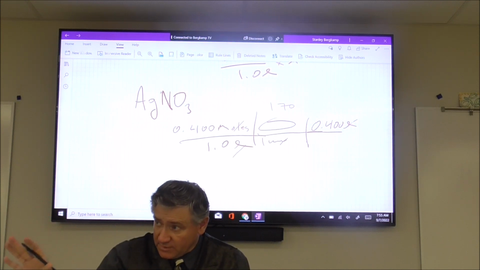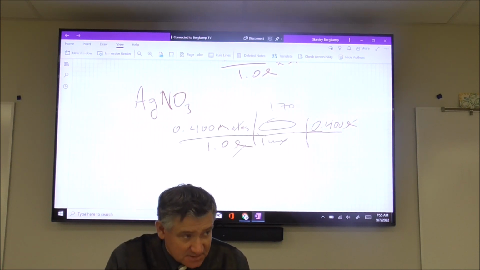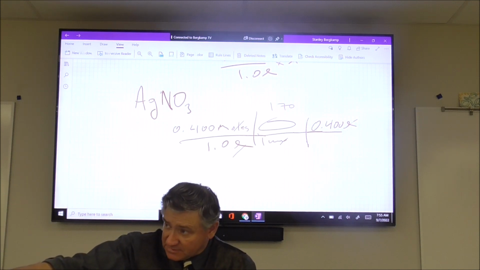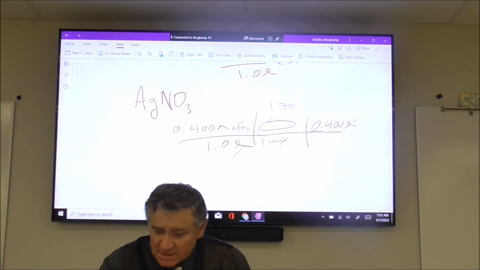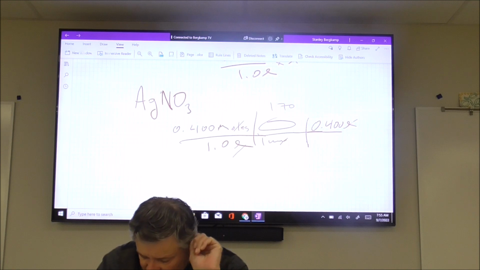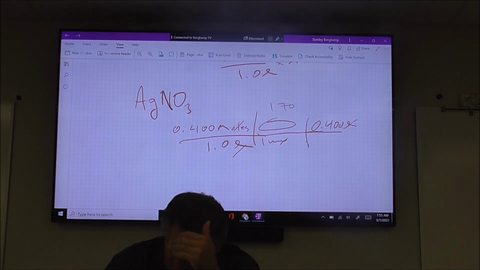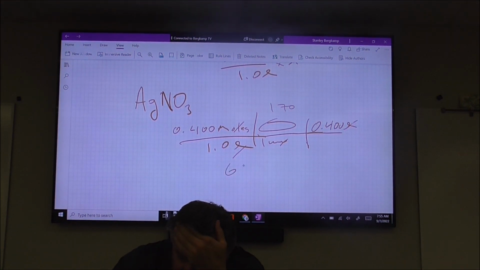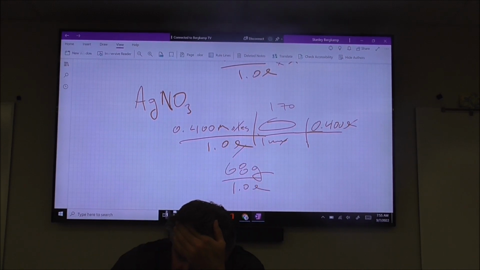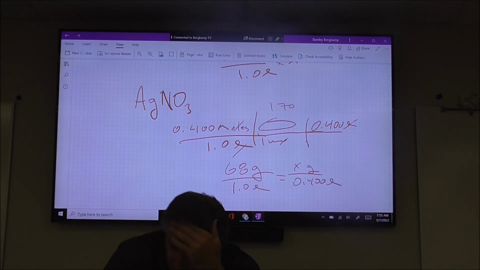Now the other option, because some people like ratios, is another way that you can work this problem. And this appeals to some of you, and I don't care how you think this through. You take 0.4 times the 170, and that's about 68 grams. So you need 68 grams per 1 liter is going to equal X number of grams over 0.4 liters.